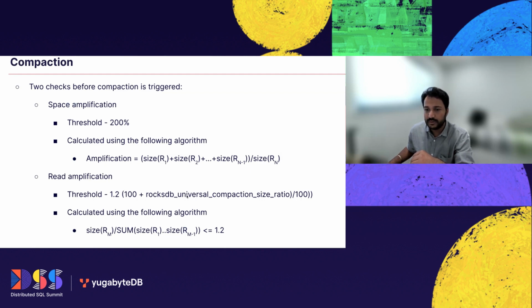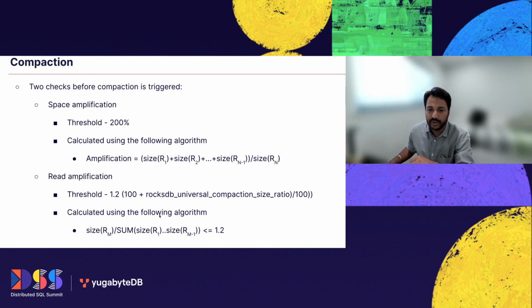This configuration parameter is set to 20 by default, which can be changed. So if you change that, this threshold will change. And this decides when a compaction needs to occur. Once this threshold is set, this particular formula should be less than or equal to 1.2. Anytime it breaches 1.2, we trigger a compaction.